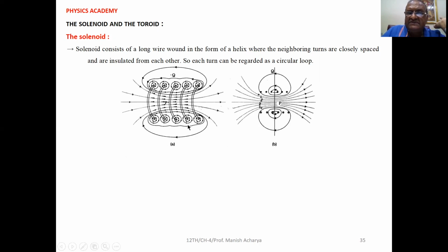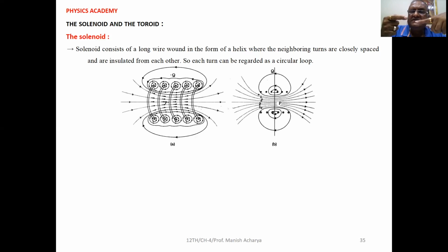Now see, this is the cross section of the short solenoid, and here the turns of the solenoid are represented as per our sign convention.